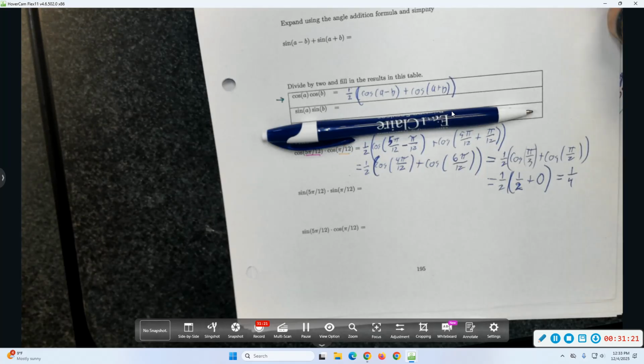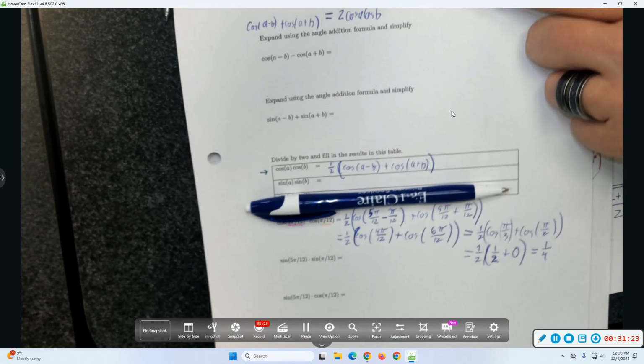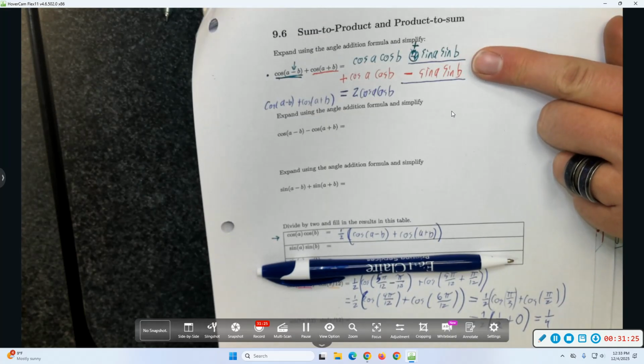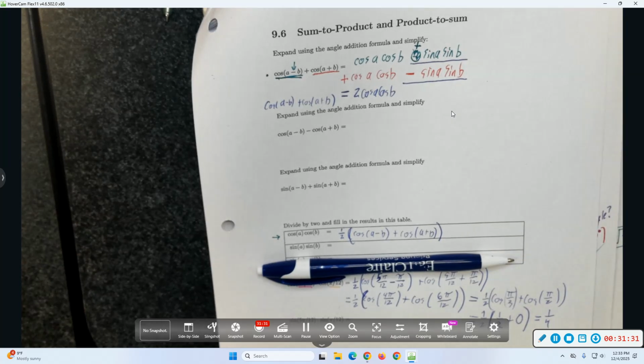To get the product to sum for cosine, we used the sum formula for cosine. You see a cosine times cosine. Between the sum formula for cosine and the sum formula for sine, which one has a sine times sine in it? Still cosine. So let's use angle addition for cosine again to do this.